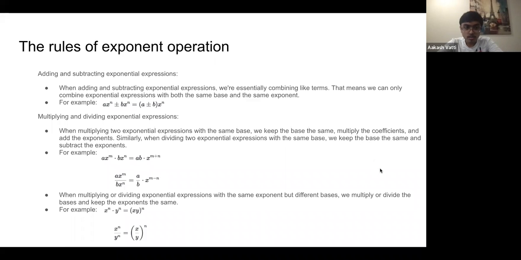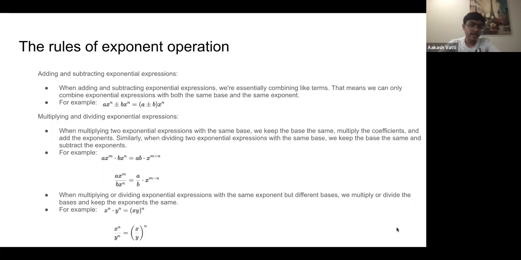For multiplying and dividing exponential expressions, when multiplying two exponential expressions with the same base, we keep the base the same, multiply the coefficients, and add the exponents. Similarly, when dividing two exponential expressions with the same base, we keep the base the same and subtract the exponents. So for example, you have ax^m times bx^n.